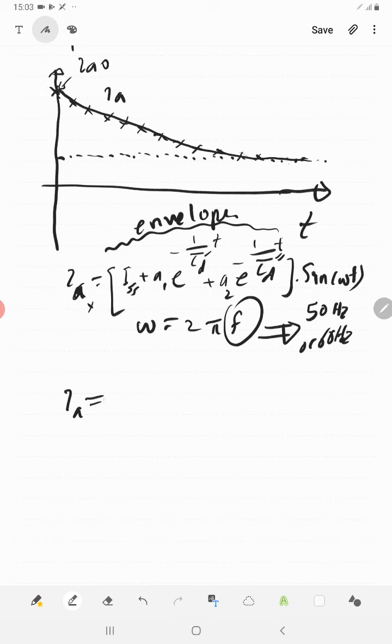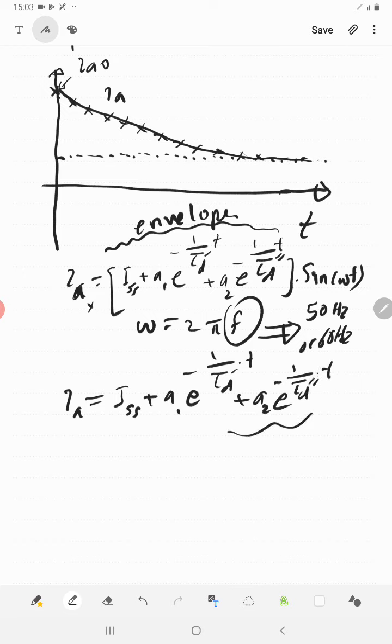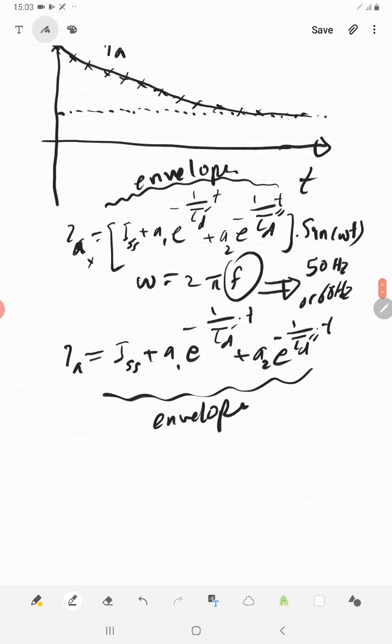So IA envelope is equal to I steady state plus A1 e to the minus 1 over tau transient times t, plus A2 e to the minus 1 over tau subtransient times t. So this is the envelope. It has basically three components: the steady state component, the transient component, and the subtransient component.